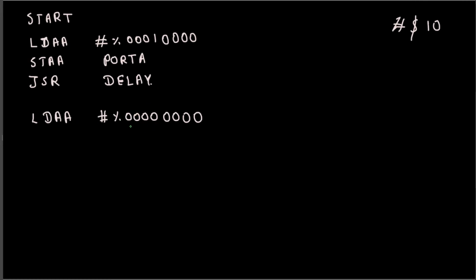But in binary, each digit is one bit. Then STA, jump to subroutine delay, then branch back to the start.